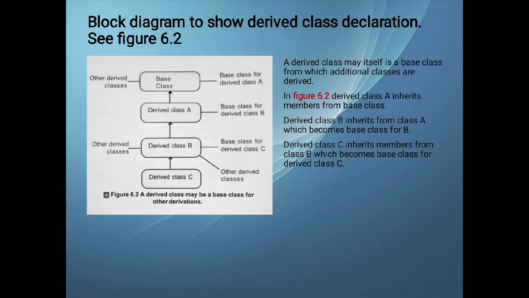Derived class B inherits from class A, which becomes base class for B. Similarly, derived class C inherits the members, that is the data members and the member functions, from class B, which becomes base class for derived class C. So finally class B becomes the base class for class C, and class A becomes base class for class B. Overall we have the base class, which is called a superclass, or also called a parent class.